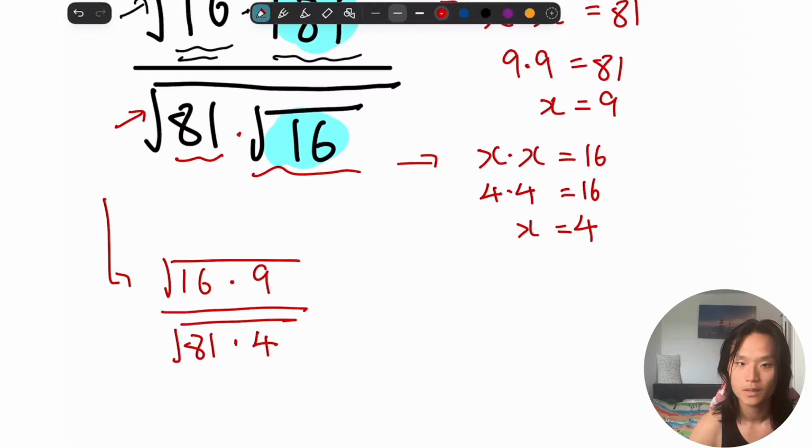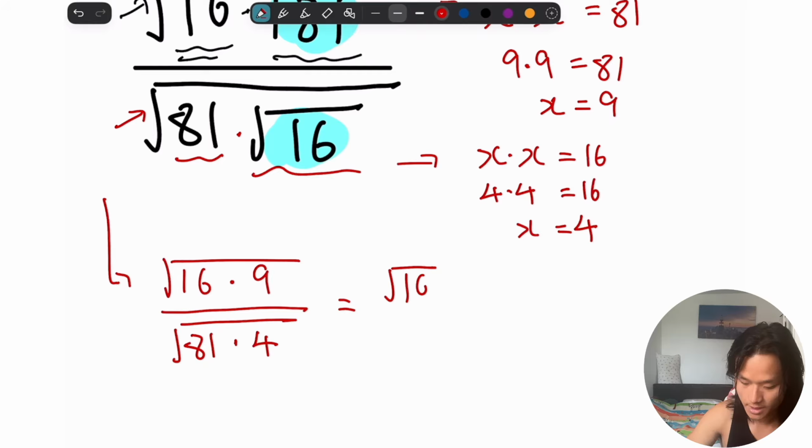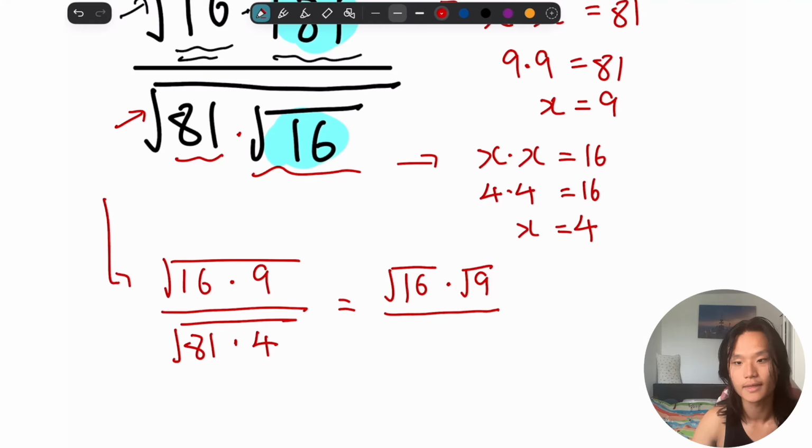Okay, so now we have the square root of a product of two numbers. So what we can do is distribute the square roots. So we have the square root of 16 multiplied by the square root of 9, and then divided by the square root of 81 and then the square root of 4.